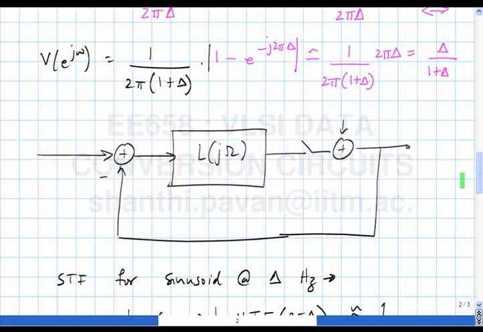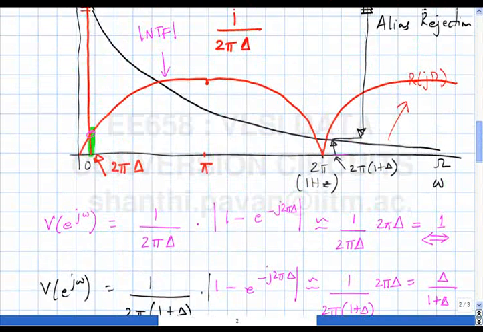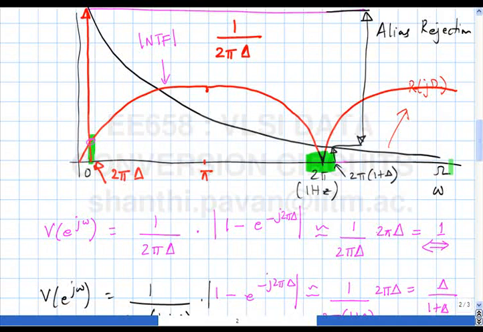I mean in the middle of the alias bands rather. See, these are all the alias bands, this and multiples of 2 pi, and at all these multiple frequencies the NTF is very small, because that's what you are depending on to do noise shaping in the first place. So whatever you do, you will make sure that this is very small if you want your modulator to work, okay, and that gives you naturally notches in the signal transfer function at all alias bands.